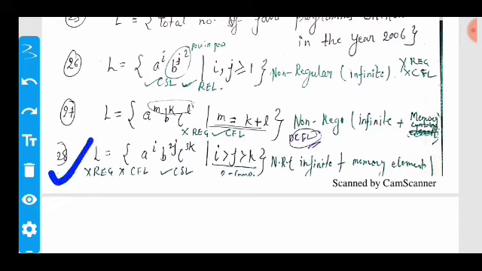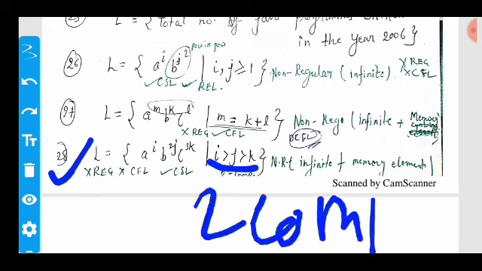Move on to the next question, 28th, which is the last question of this session. L equal to a to the power of p, i, b to the power of 2j and c to the power of 3k, such that i is greater than j is greater than k, meaning here we need two comparisons.